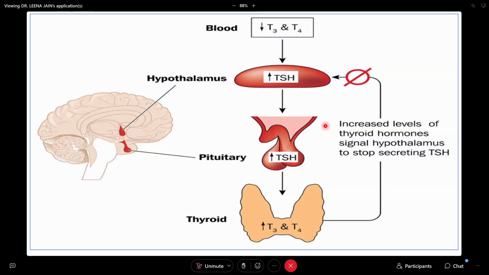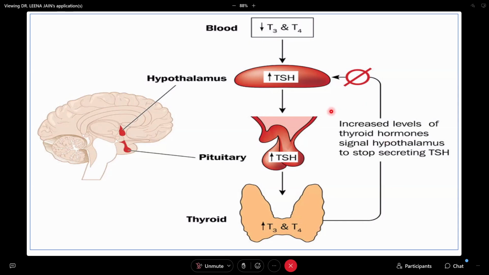What you all know is that from the hypothalamus and pituitary, we are regulating two hormones, TRH and TSH. Whenever T3 and T4 are increasing, there is feedback suppression of the TSH levels, and ultimately that will suppress the TSH level. The same thing happens when T3 and T4 are decreasing: TRH will increase, TSH will increase, and that will raise T3 and T4 again by the feedback mechanism.